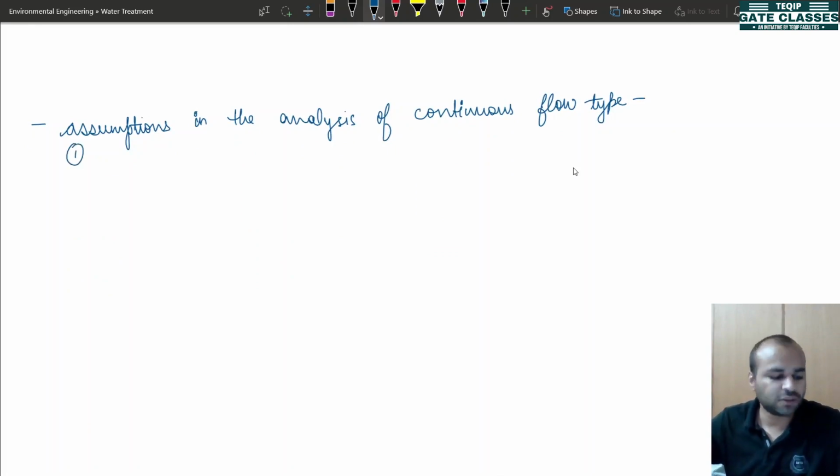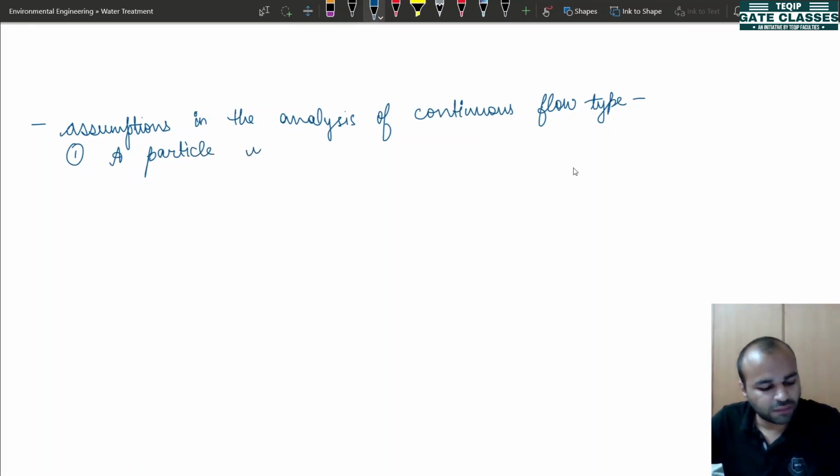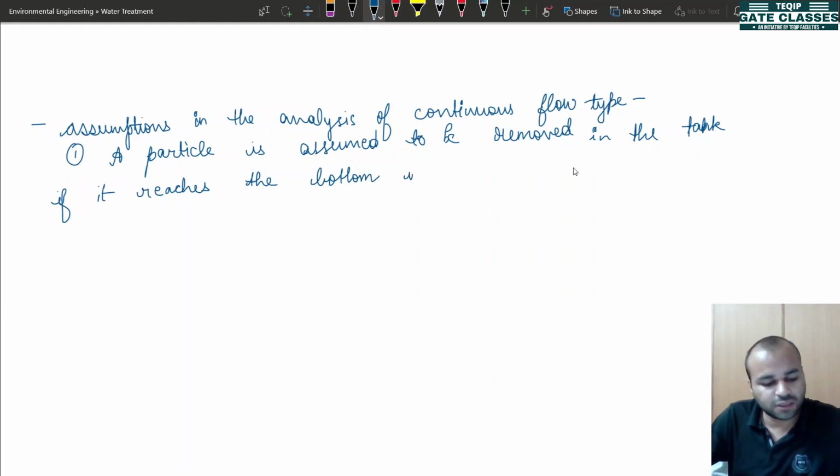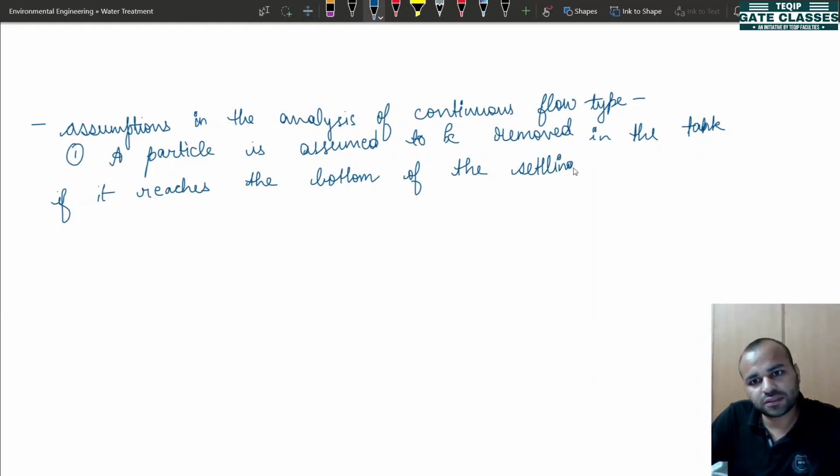Write down the first assumption: a particle is assumed to be removed in the tank if it reaches the bottom of the settling zone.